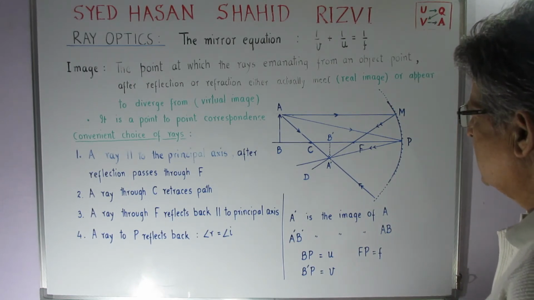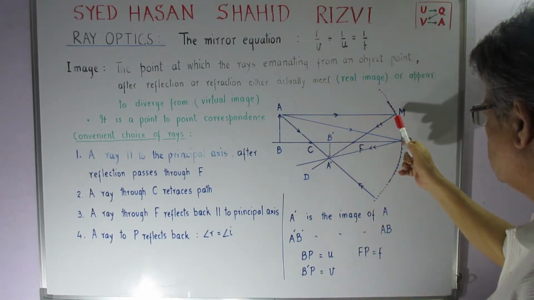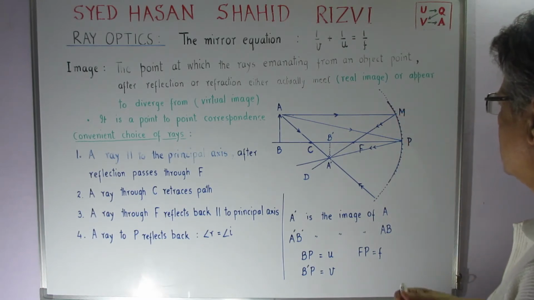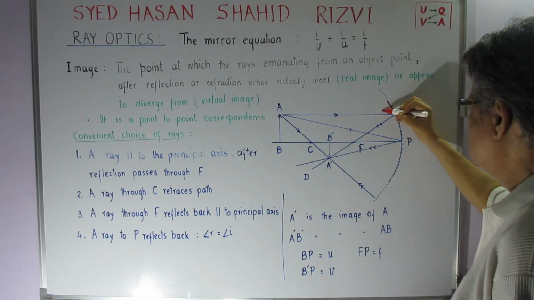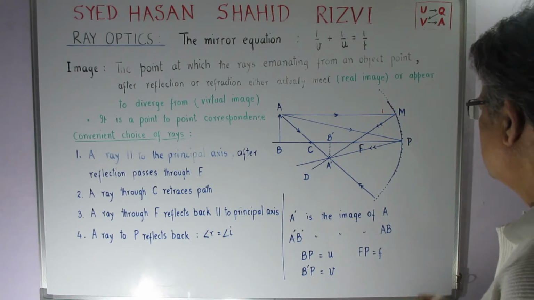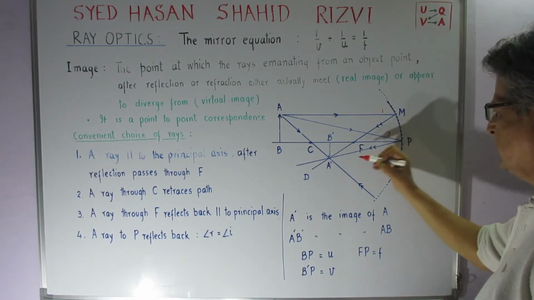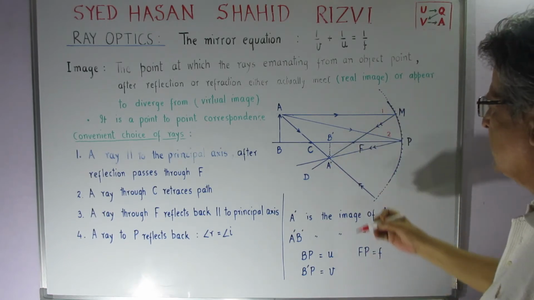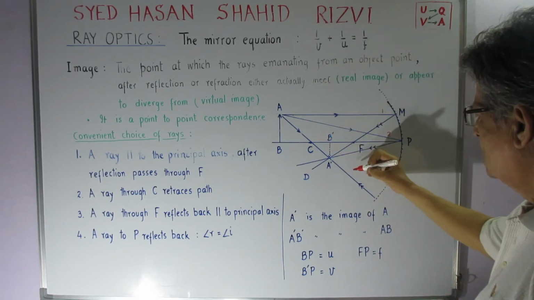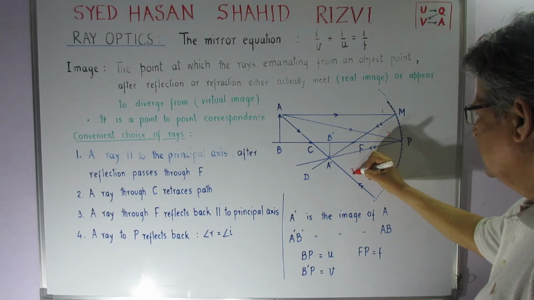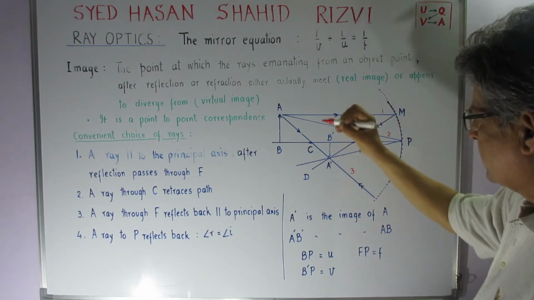So you can see I start with one ray here, ray number 1. There is ray number 2, which is coming to the pole and reflected back here, and the third one is the ray through C, which is reflected back.